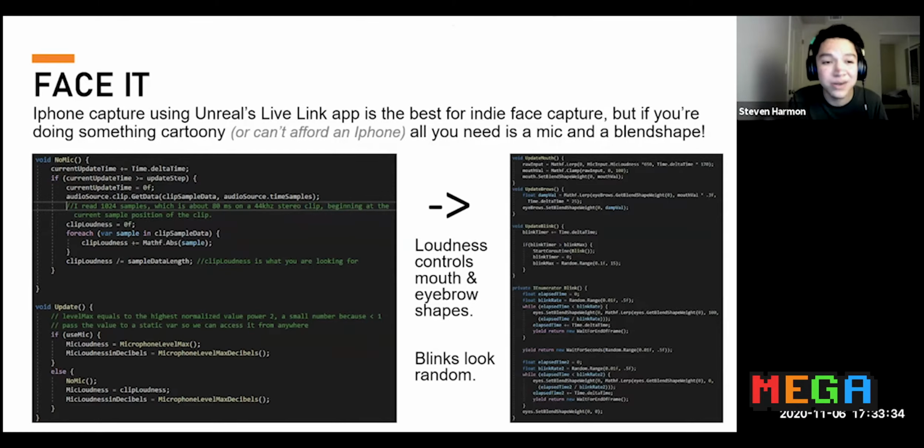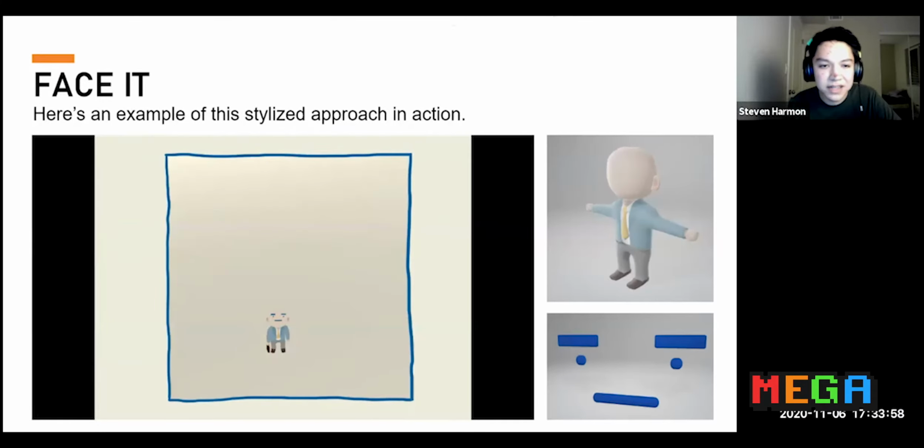Literally, here is the code, and it'll be available later after the talk because you can just watch the recording. You can get this in real time, or even just get the audio source and drop in an actual voiceover clip later. But it's really simple, and in fact, you can just Google how to do it. It's not that hard. And here's that in action.